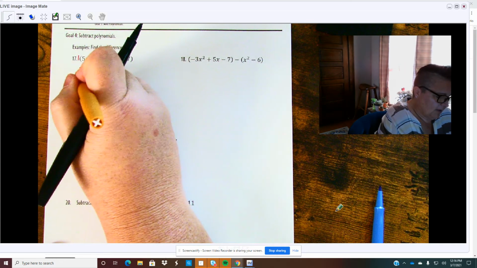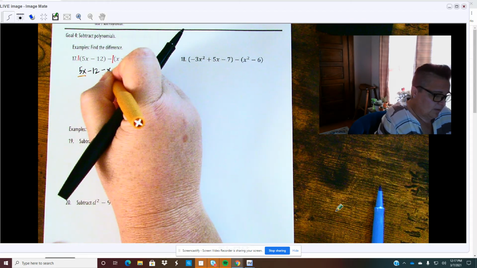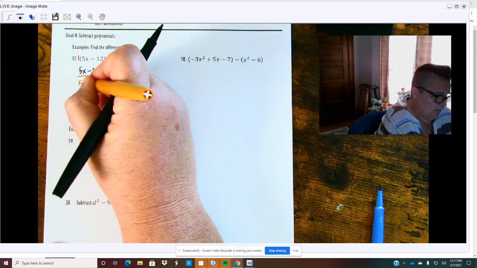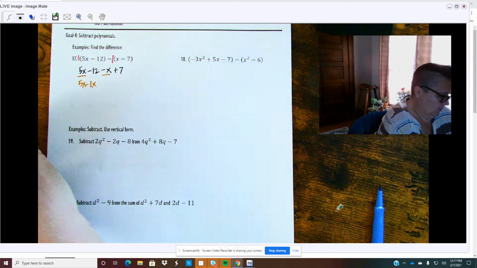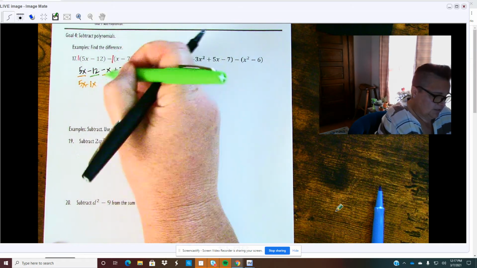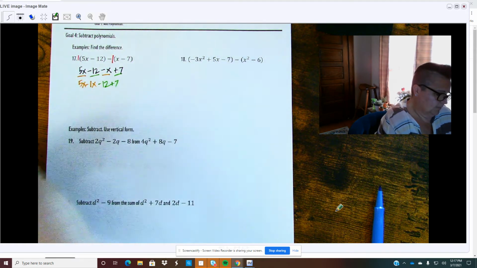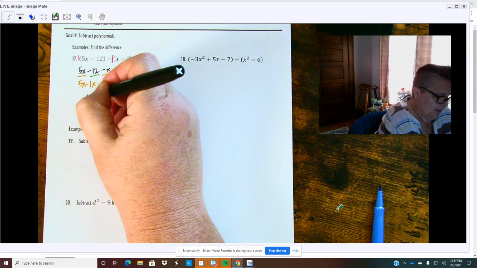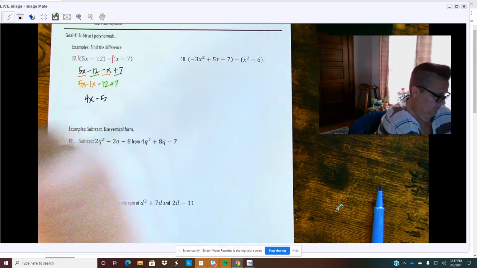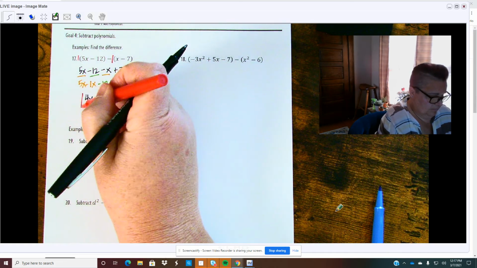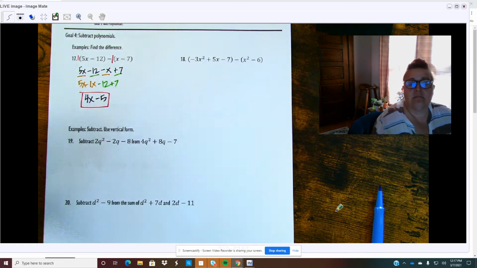I can take the 5x and combine it with the minus 1x. And then I can take the minus 12 and combine it with the plus 7. This will give me 4x minus 5. Right?